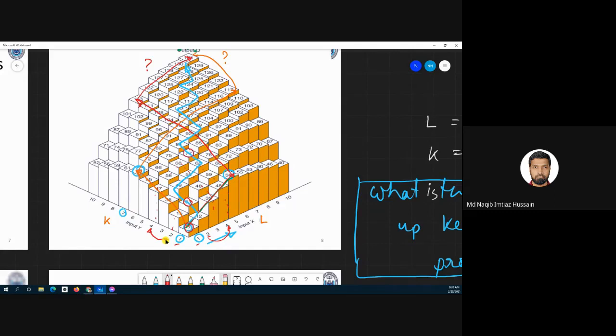So what is happening? If you double the input, then the output becomes 4 times, right? If you make the input 4 times, does the output become 4 times, or does it become more than that?